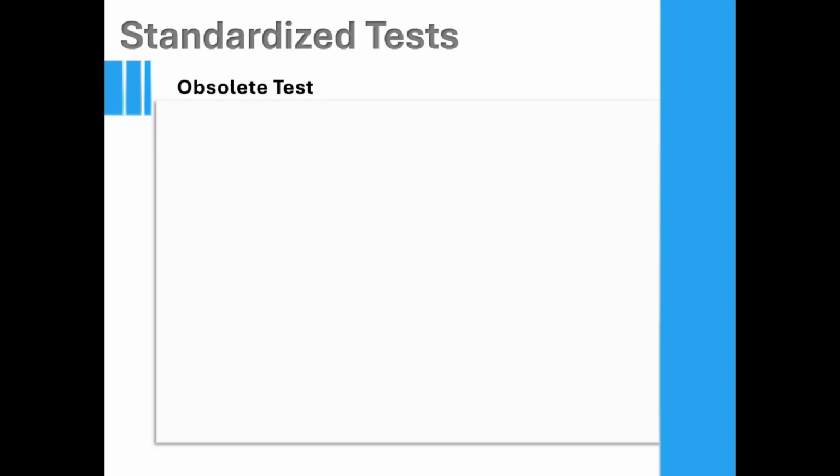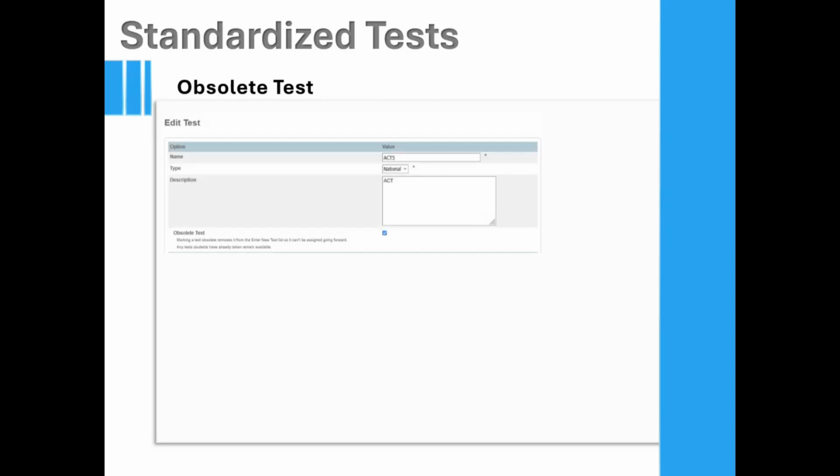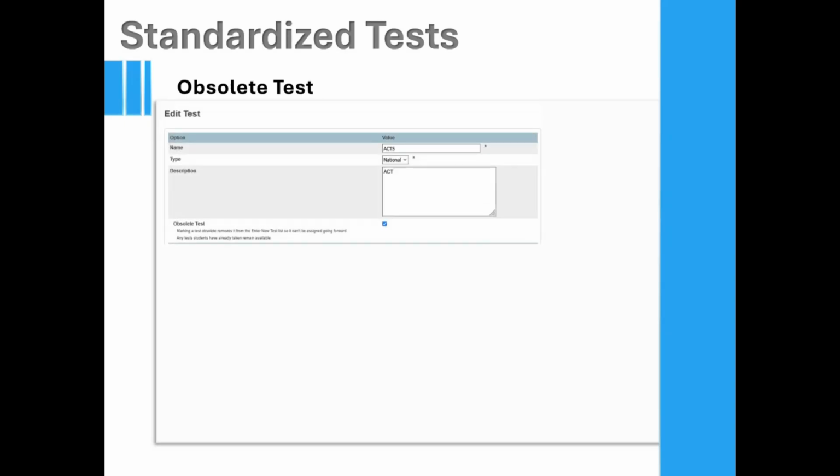All right, then on our standards test, our obsolete test. This is a really nice feature for those who have a very long list of standardized tests. Here you can see on our ACT 5, the new option is to check mark obsolete test.